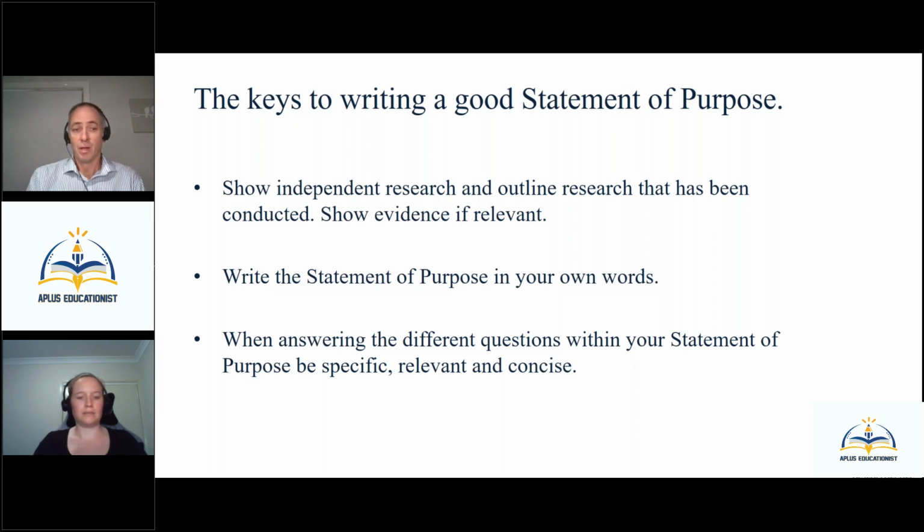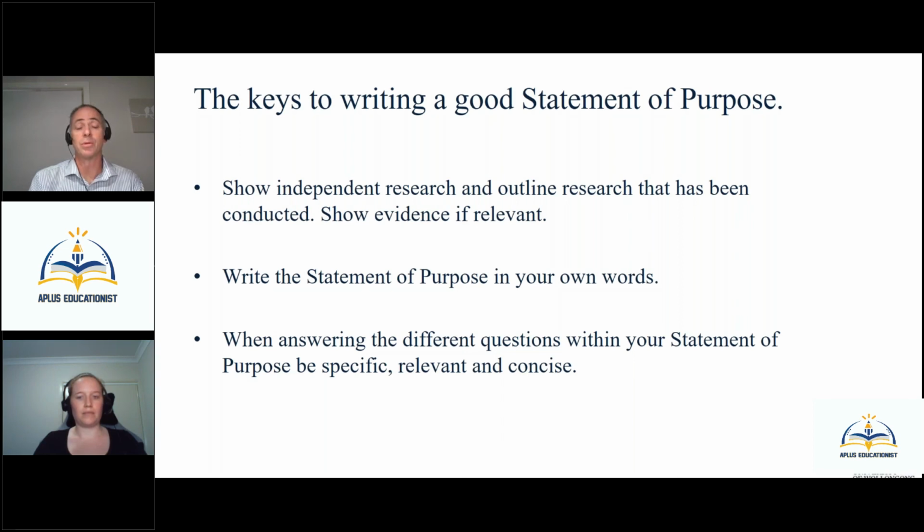The further point around being concise and specific in a statement of purpose is that my team read every statement of purpose that comes in. They digest all the information in there, irrespective of whether it's 2 or 3 pages or 14 or 15 pages long. Obviously, 14 or 15 page statements of purpose can impact our turnaround time.